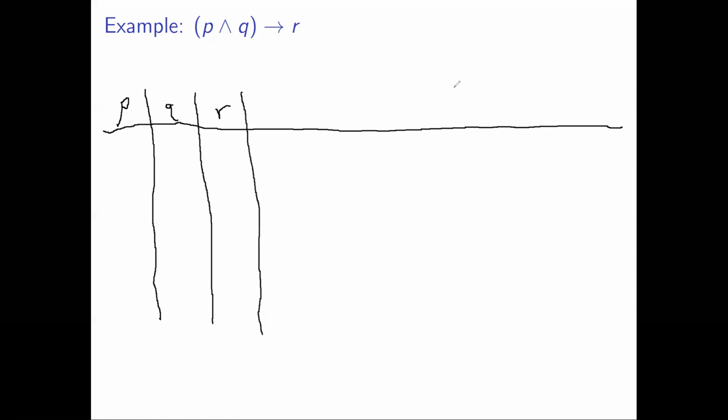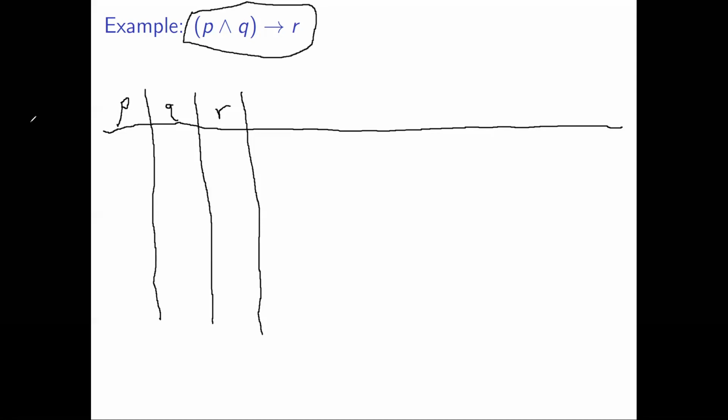And we're going to take the compound proposition that we have at the top, and we're going to break it down into smaller propositions. And we're going to evaluate the truth values of the smaller propositions and use those to build the whole compound proposition that we want up here.